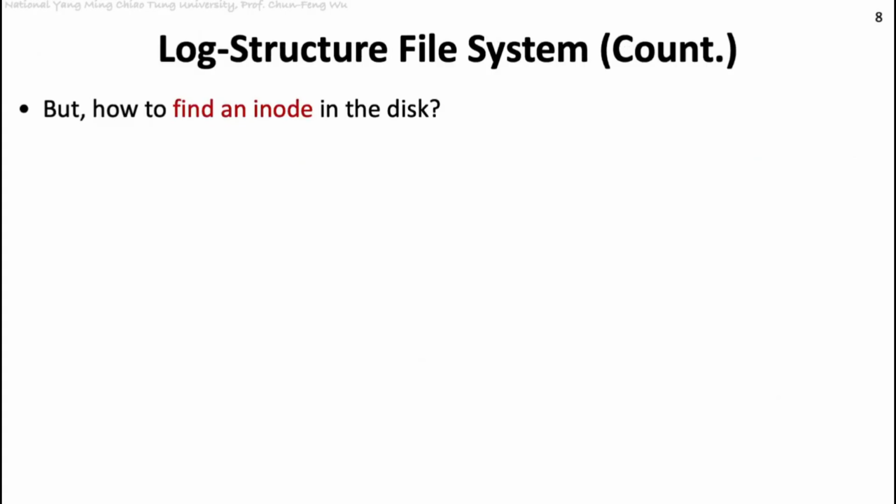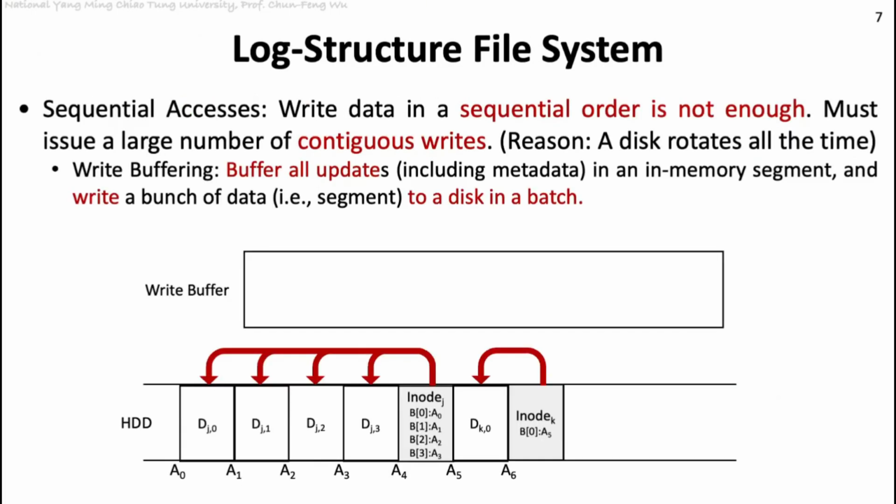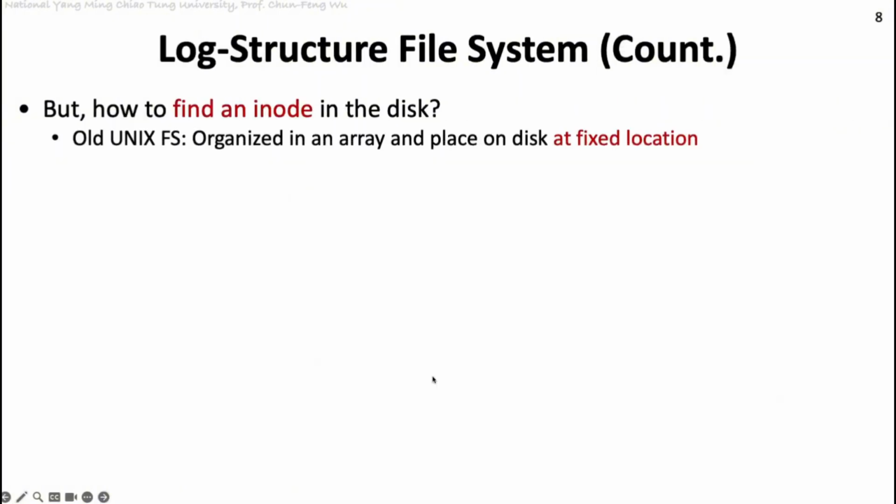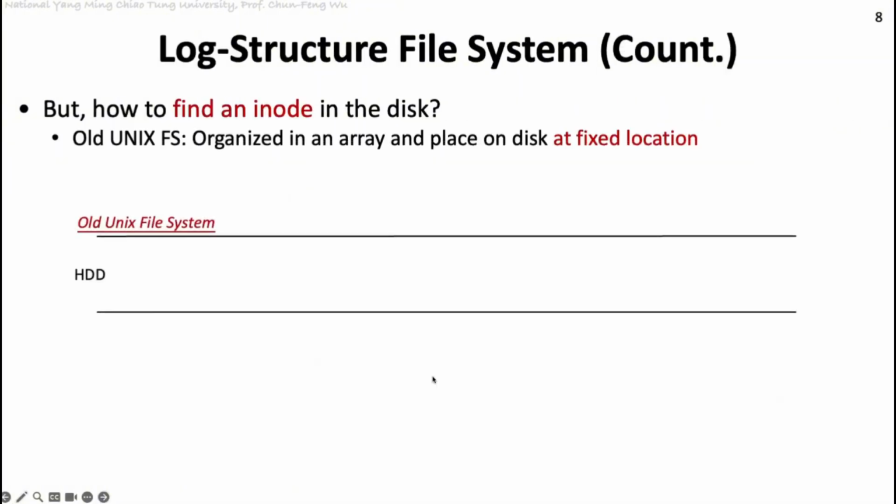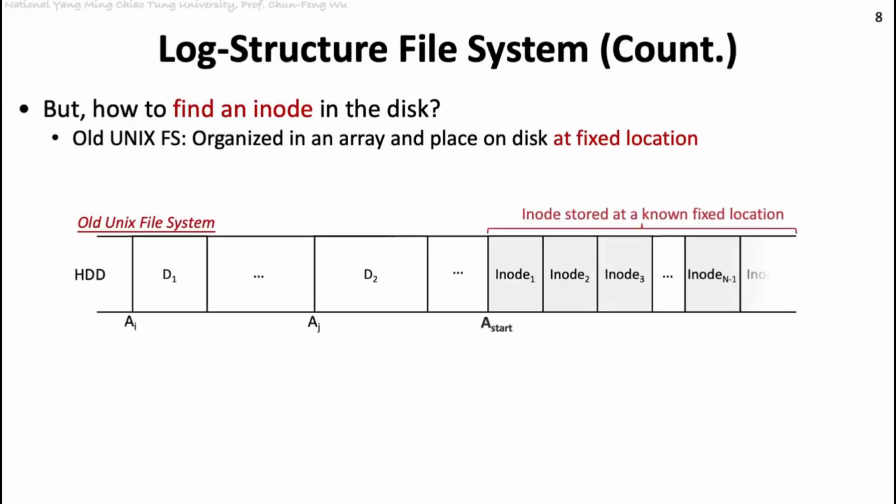But here's the question: how do we find an inode on a disk? Because you can see the inodes are now separated across the hard disk drive. If we can find an inode, then we can find the data. But how do we find an inode? In the old Unix file systems, they put inodes in fixed locations.